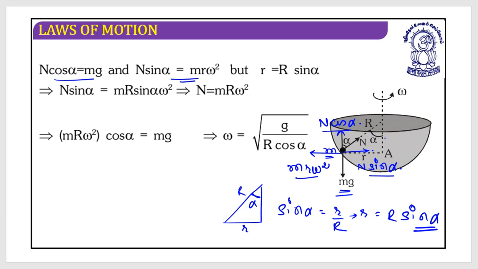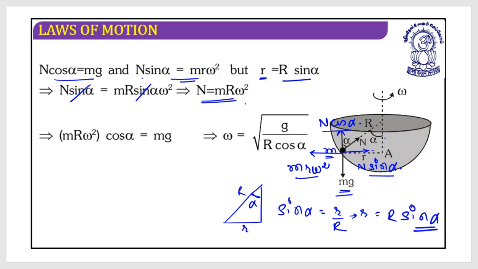Let's replace r in N sine alpha equals m r omega square with R sine alpha. So this sine alpha and sine alpha will be cancelled, and N is equal to m R omega square.